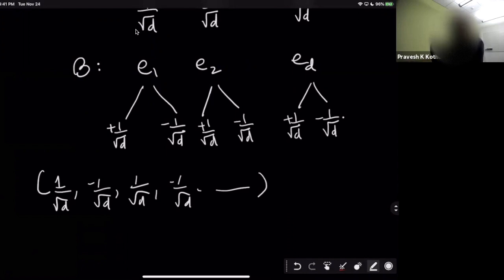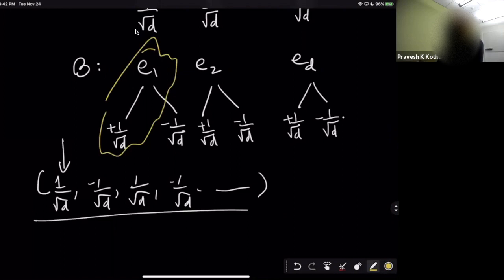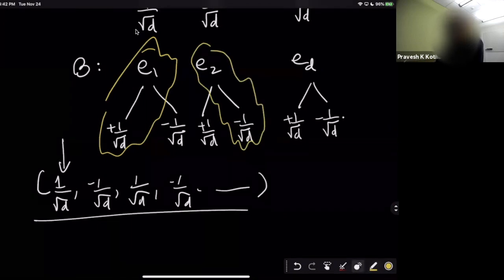I am going to find an alpha n size soluble set which is solved by this vector. What would I do? I look at the first coordinate. The first coordinate is what this vector would label whenever e1 appears. So I'm going to choose some of these, because the first one is 1 over root D. The second one is minus 1 over root D, so I'll choose some of the e2's labeled by minus 1 over root D, and so on.